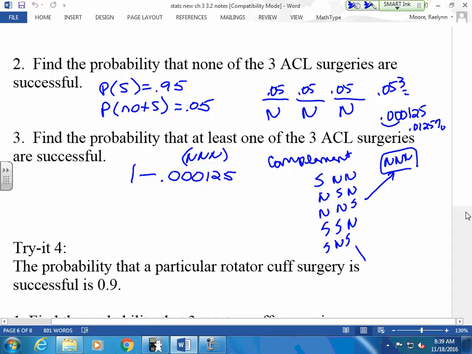So when I subtract this out, I get this. This is your complement case. This is one of the times you would really want to use this complement case. I would first have to figure out all the other possibilities, and then I'd have to multiply them all out, and then add them all together. So it'll take me a very long time. So instead, I use my complement case. The only thing I can't have is all bad ones. Make sense?